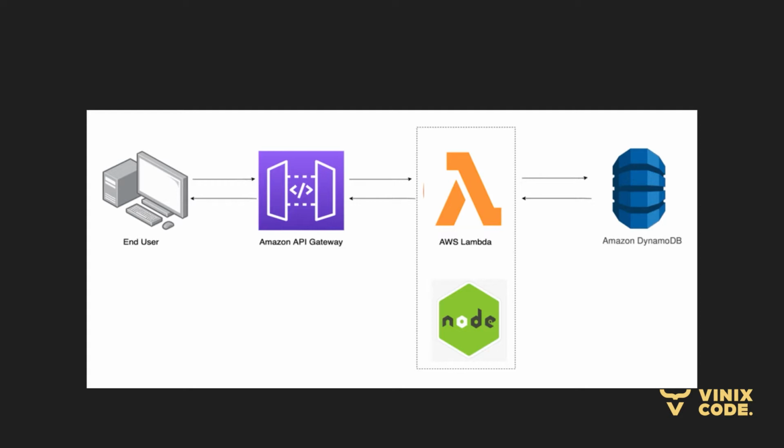This little diagram will show us what we're going to do here. This is our goal. Basically, every time a user makes a request to our API, the request will be made directly to Amazon API Gateway, and API Gateway will be responsible for routing that request to our Lambda function. In this case, we will be using Node.js.